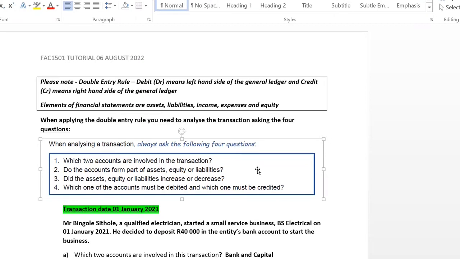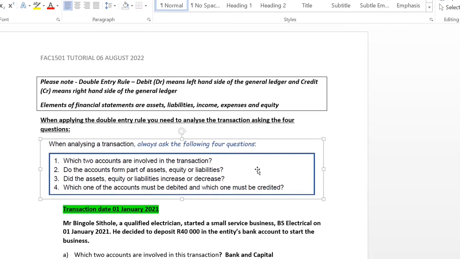I'm just going to repeat that again. If an asset increases, you're going to debit the asset in the general ledger. If the asset decreases, you're going to credit the asset in the general ledger.